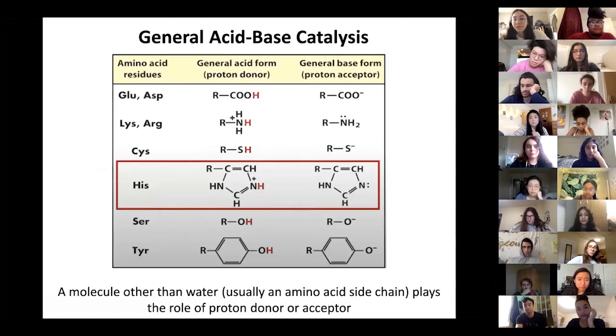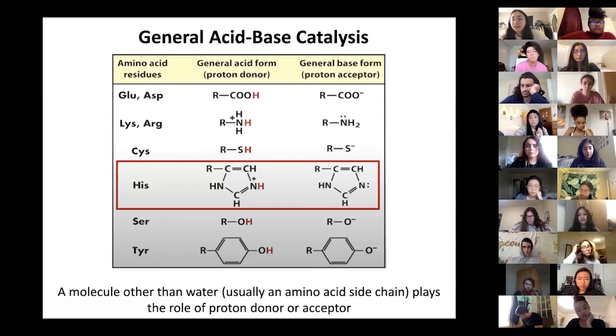And then the next type of catalysis we're looking at is general acid-base catalysis. So it's basically catalysis in which a proton is transferred in the transition state and the reaction is catalyzed by an acid or base. Active sites may contain residues such as histidine, which is highlighted here, that can participate in an ion transfer.